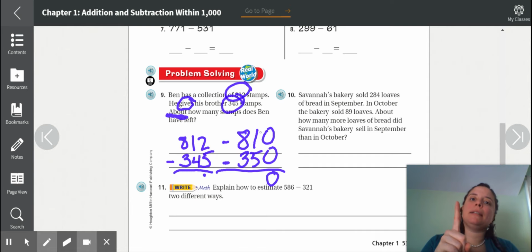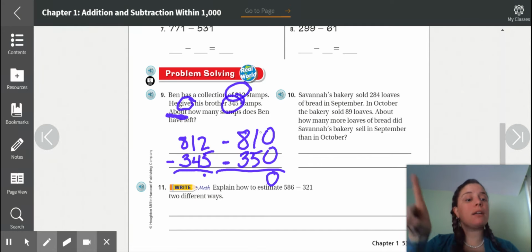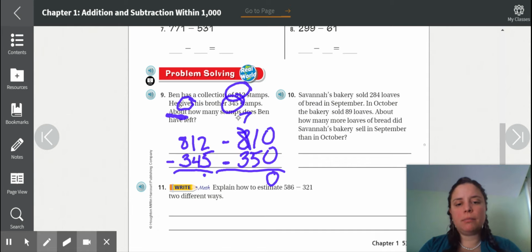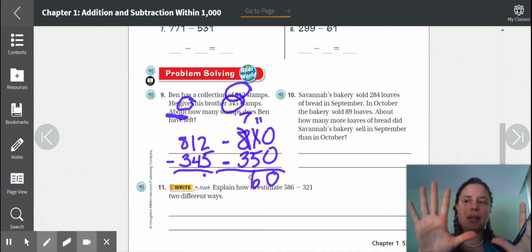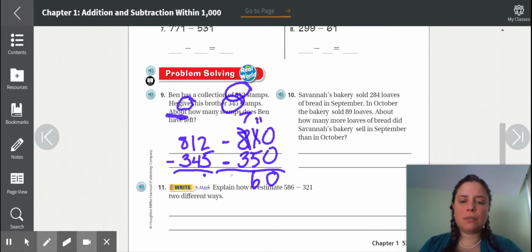Can you take 5 away from 1? That's a little tricky. So you got to go next door and borrow. So we're going to borrow some from the 8 and turn the 1 into an 11. 11 minus 5 is 6. 7 minus 3 is, okay, so your estimate is 460.